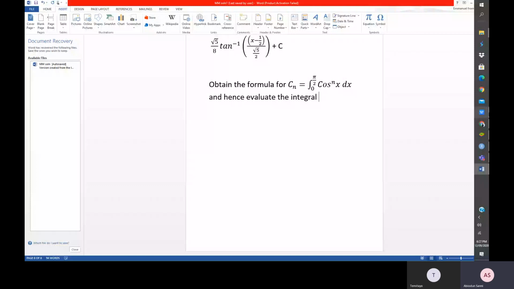I have this problem to solve. This is the problem we want to solve. We are given this, and we are told to obtain a formula for it. So this is the integral of cos to the power n of x dx from 0 to pi over 2, and hence evaluate this.